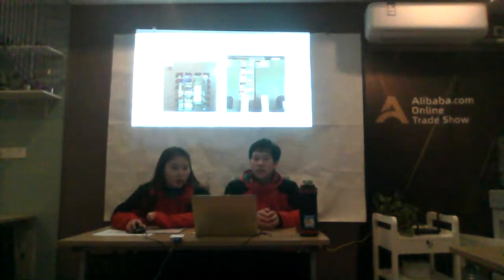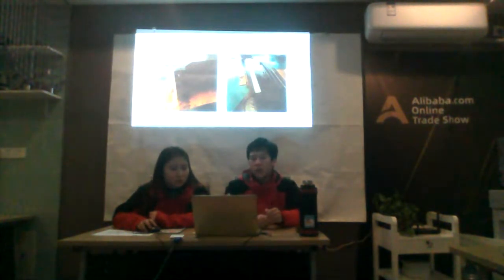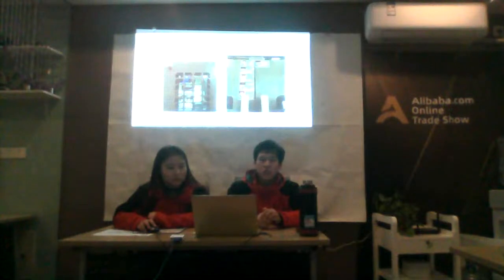This part is the spray paint. So do we color the components by ourselves? Yes. We use automobile class spray painting on all the machine's components, the machine's main parts. And we will put some safety stickers on the machine body.